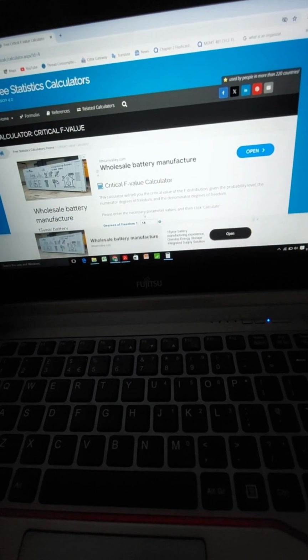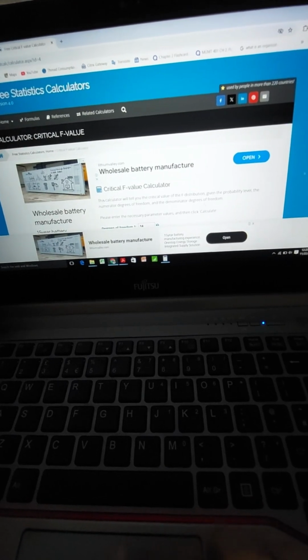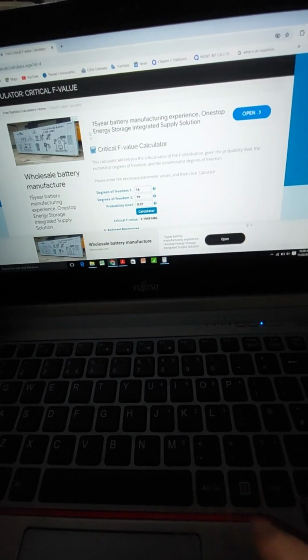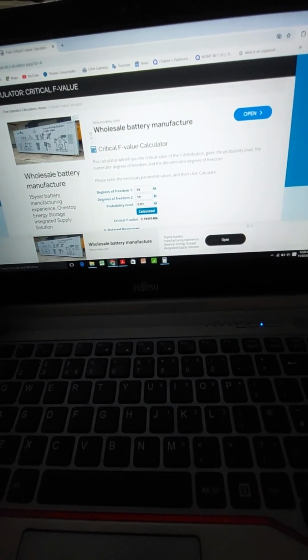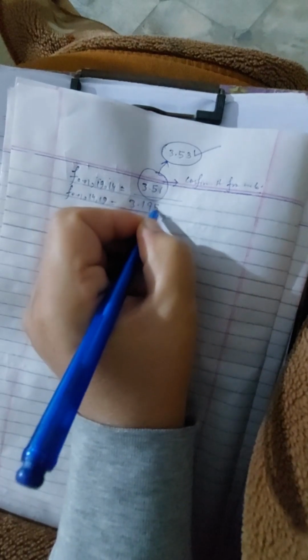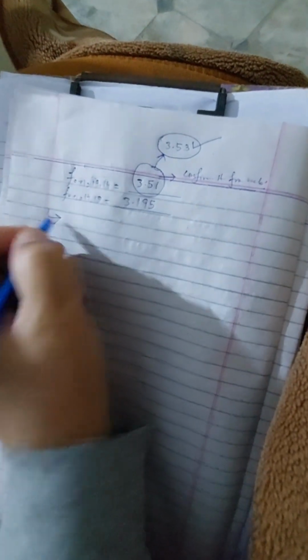It gives us a value of 3.195. Okay, so let's use this value, 3.195. Now we have the ratios, and also we have the F values.